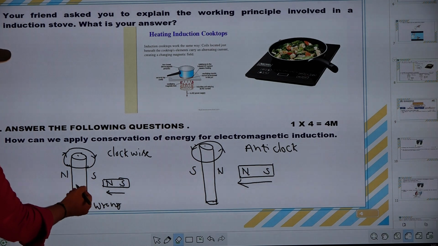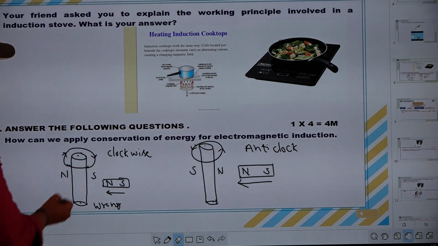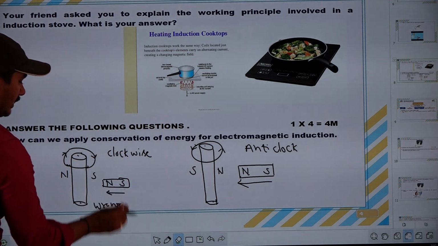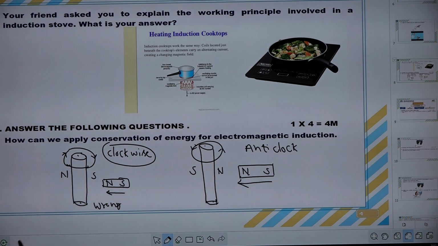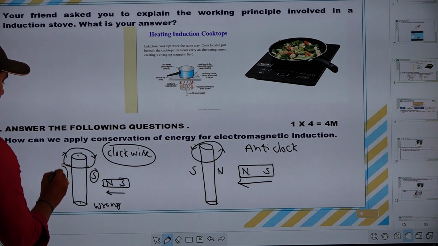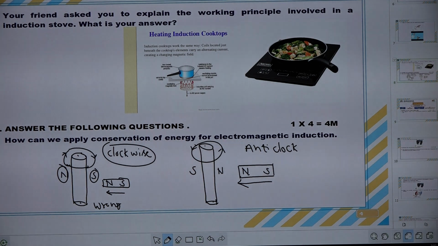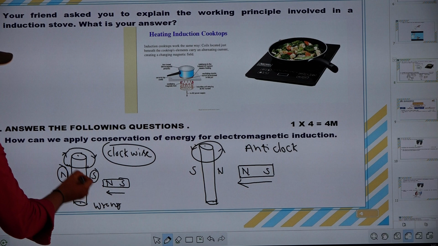Here you just have to assume that the current is produced in the wire, and the current direction is clockwise. If the direction is clockwise, one surface acts like a south pole, one surface acts like a north pole. So you have to assume that the north pole of the magnet moves towards the coil.